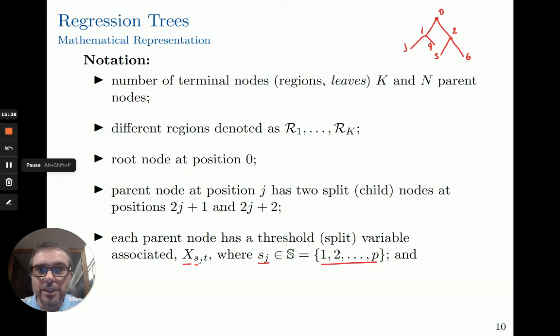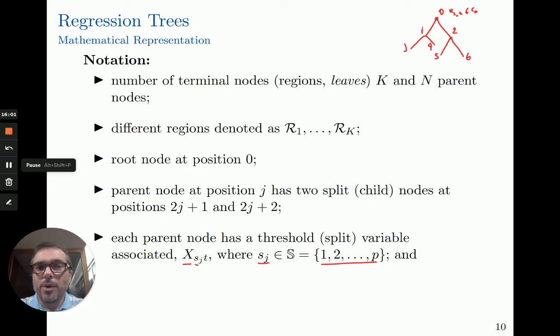But for each decision, we have a variable associated. Because at root 0, at node 0, we have x s0t less or equal some threshold c naught. That's the decision rule involved in this node here.